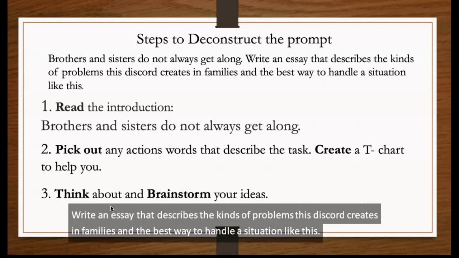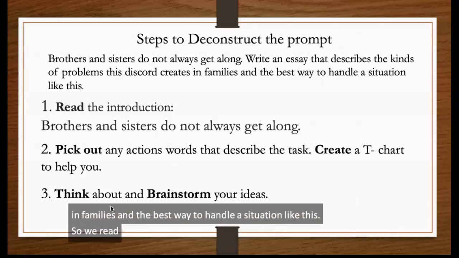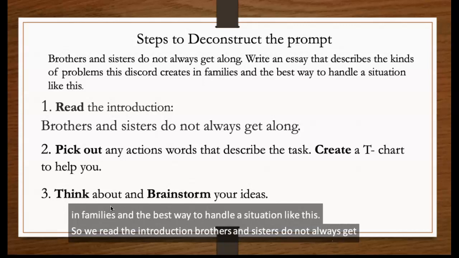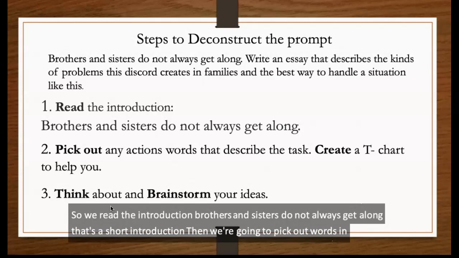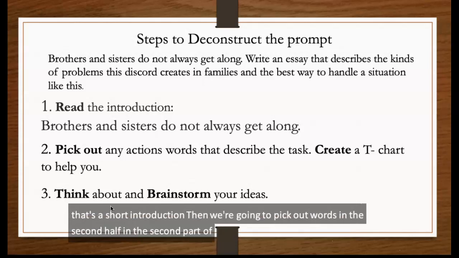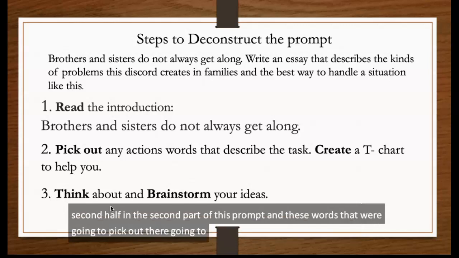So, we read the introduction. Brothers and sisters do not always get along. That's a short introduction. Then, we're going to pick out words in the second part of this prompt. And these words that we're going to pick out, they're going to be action words. And they're going to tell us what we need to do.